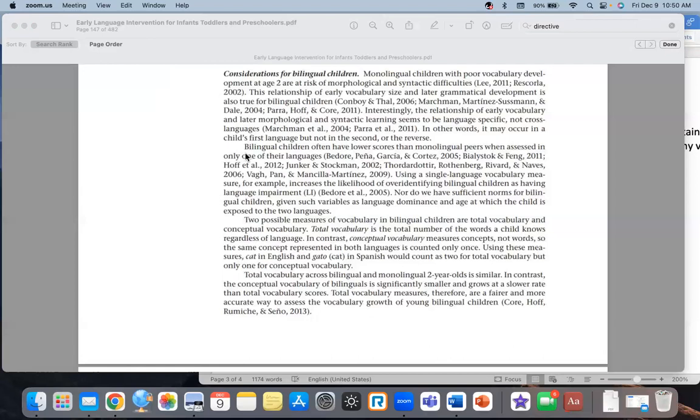So if we take a child who has perfect hearing in their right ear and a profound, severe hearing loss in their left ear, they're not going to hear all of those speech sounds that they need, right? So it makes sense that they would be behind and have deficits in their speech or language because they're simply not hearing it.